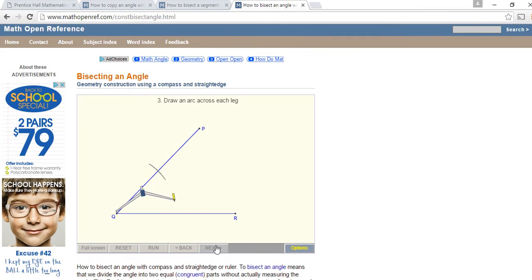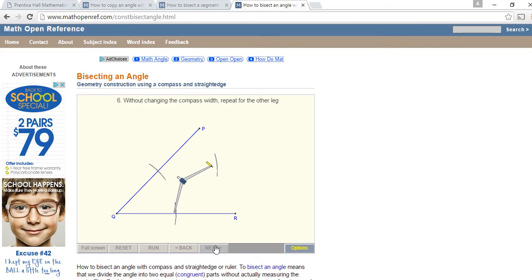Now, the compass can be adjusted at this point if desired. And from where an arc crosses a leg, make an arc in the angle's interior. And then without changing the compass width, repeat it for another leg. The other leg, not another leg, the only one you have. Haha.